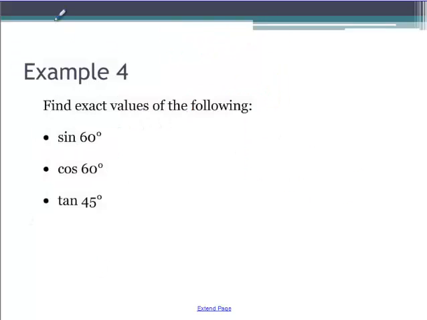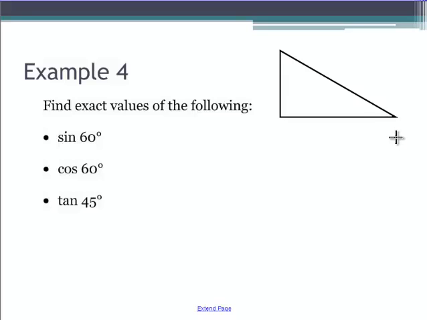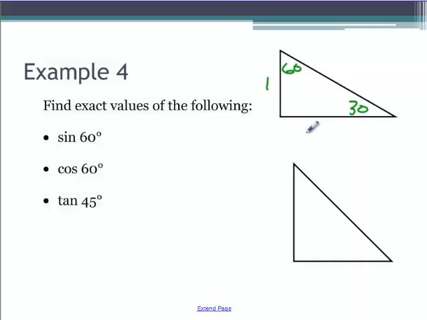Alright, let's find the exact values of these. We can only find exact values when we have 30, 60, 90 triangles or 45, 45, 90 triangles. So let's get both of those drawn. The reason we can do this, we have 1 over leg, root 3 over leg, 2 over hypotenuse, 1 over leg, 1 over leg, and square root of 2 over hypotenuse from 8.3. So we're going to use these two triangles to help us figure out sine, cosine, and tangent.